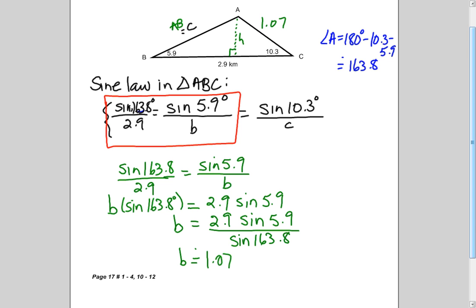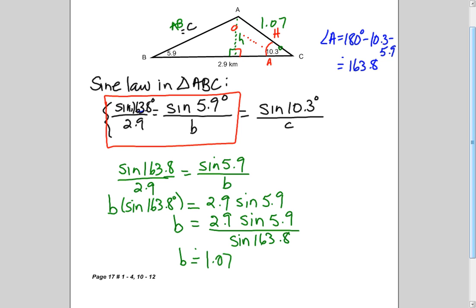I can use the right angle on the side, the right side, sorry, to find the height. I have an angle of elevation of 10.3 degrees, a hypotenuse of 1.07, and I want to find the opposite side. So I'm going to label my sides. I'm using this triangle that's a right angle triangle where I have the hypotenuse and want the opposite side. Don't care about the adjacent side.